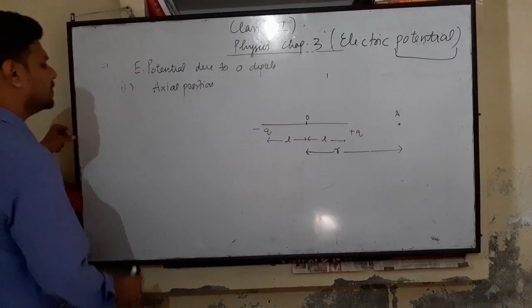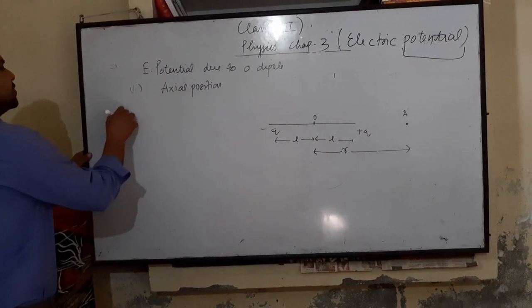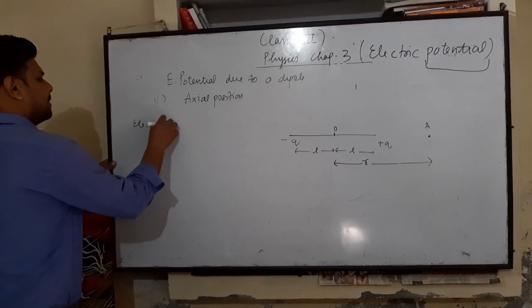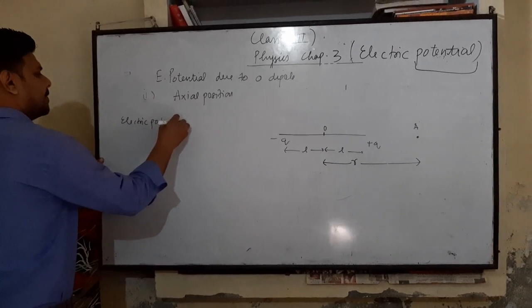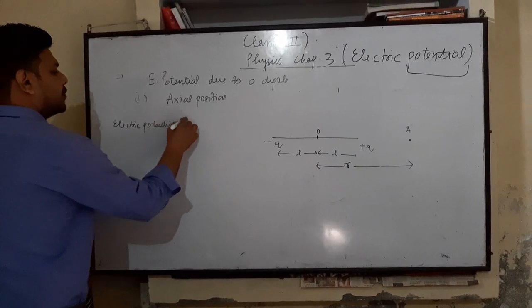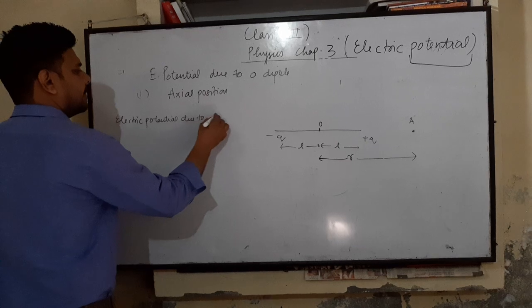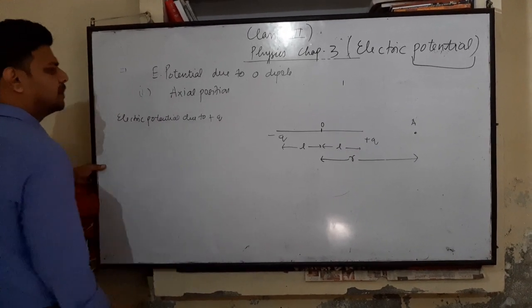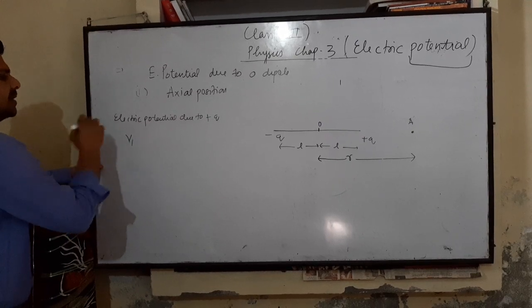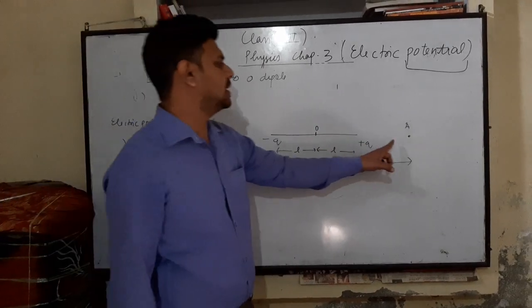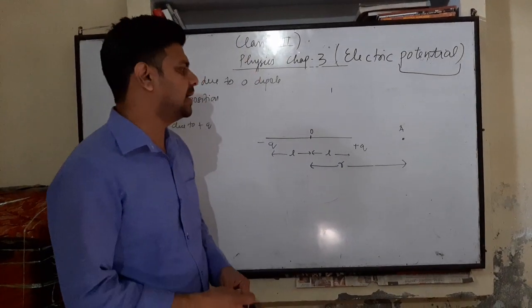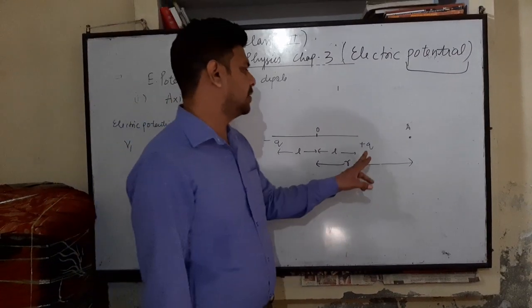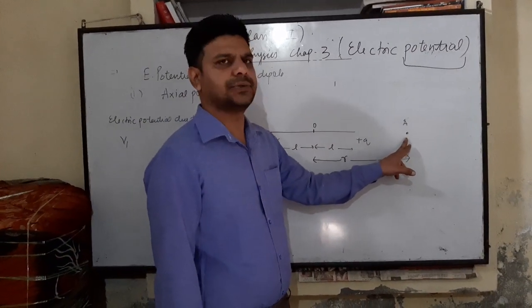Now, electric potential due to plus q. Let's say it V1. First we have to find electric potential due to plus q at this point.